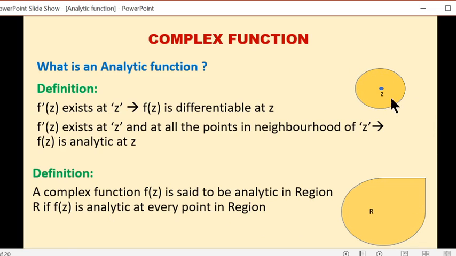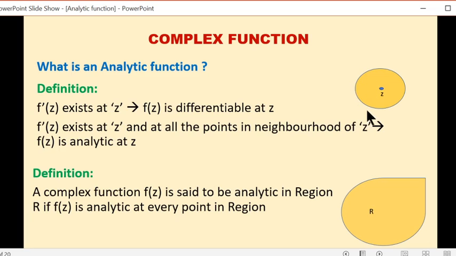Here we have understood what is the meaning of a function being analytic at a point. Okay, a function is analytic at a point if derivative exists at this point and in all the neighboring points. Then it is analytic at this point only, not in the remaining points.